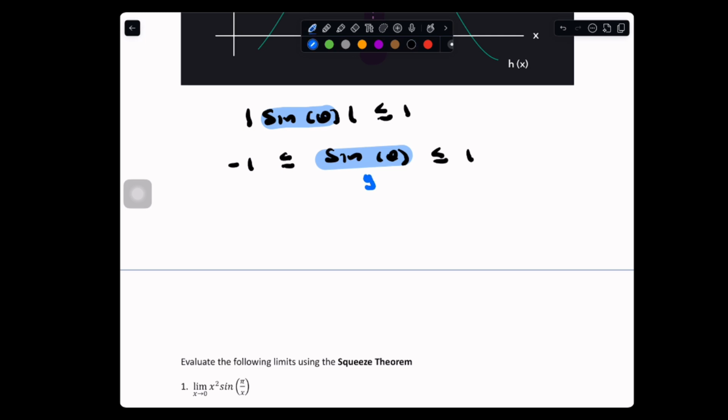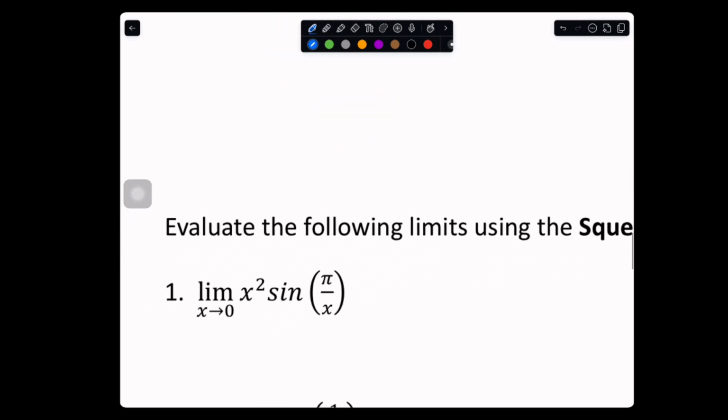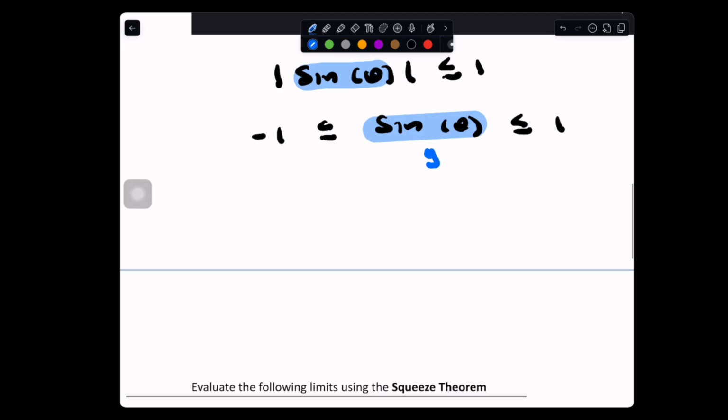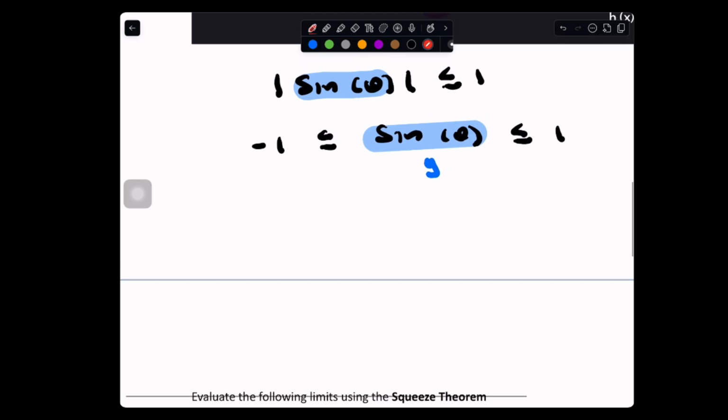Okay. Now, if I said to you, what's the effect of multiplying an inequality by a positive number? You say, what do you mean? If I multiply the left side by an x squared, the right side by an x squared, the middle, left and right, because x is positive, I take that back.